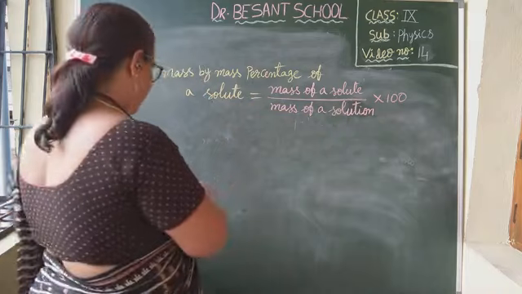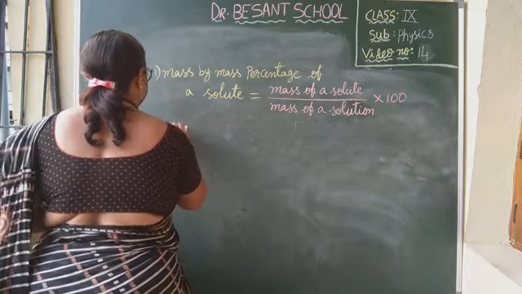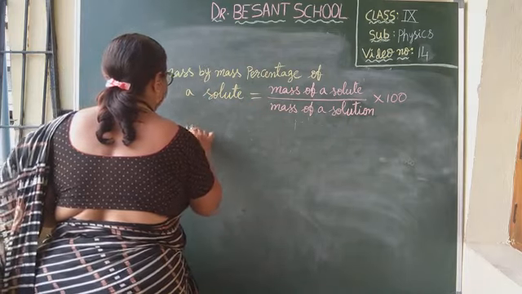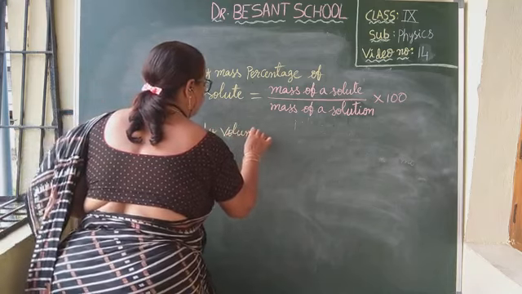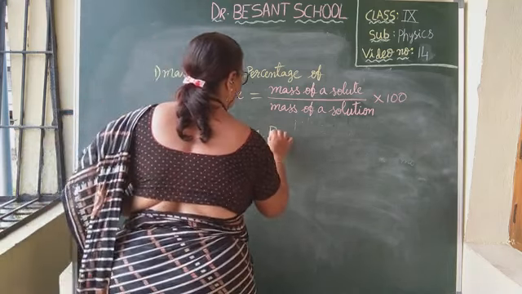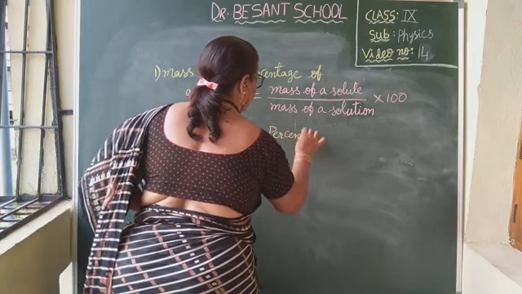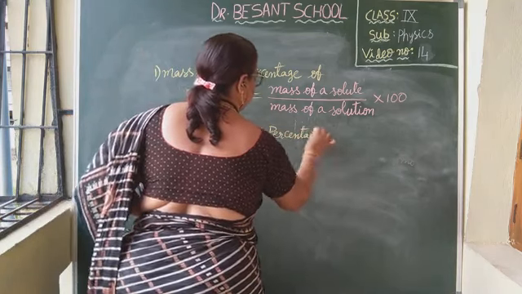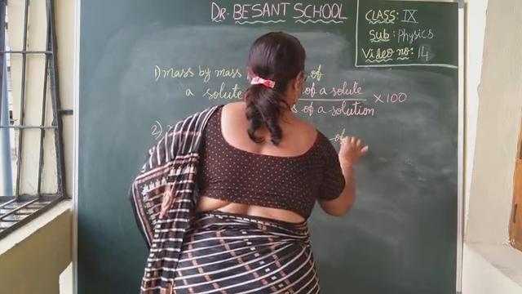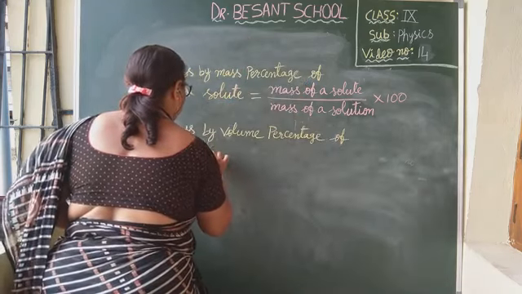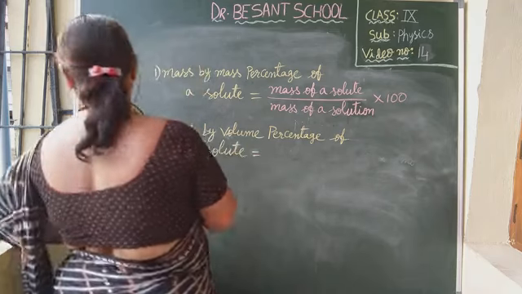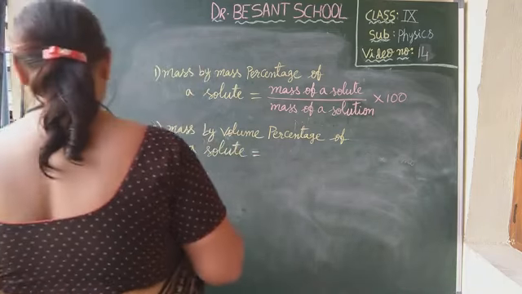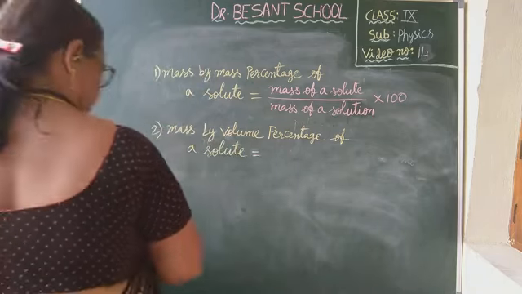This is one formula, and another one is mass by volume. Mass by volume percentage of a solute is equal to mass by volume percentage of a solution. Sorry.